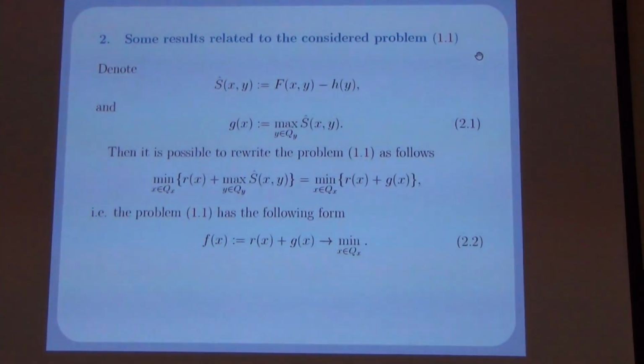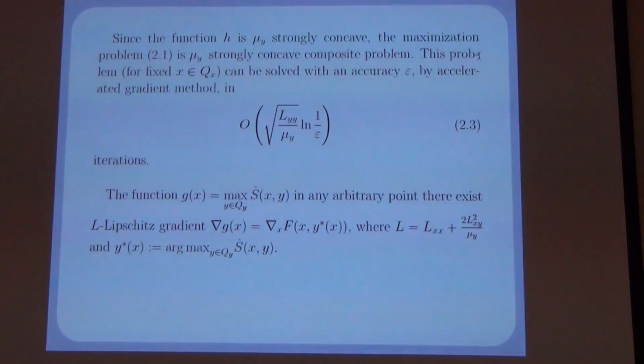Since this maximization problem has a unique solution due to the strong convexity of this function, we can use the scale-related gradient descent method in order to solve this problem, and as a result we have the following complexity.